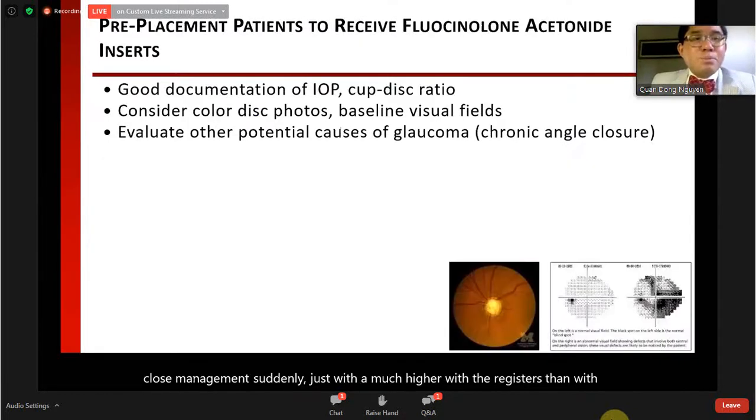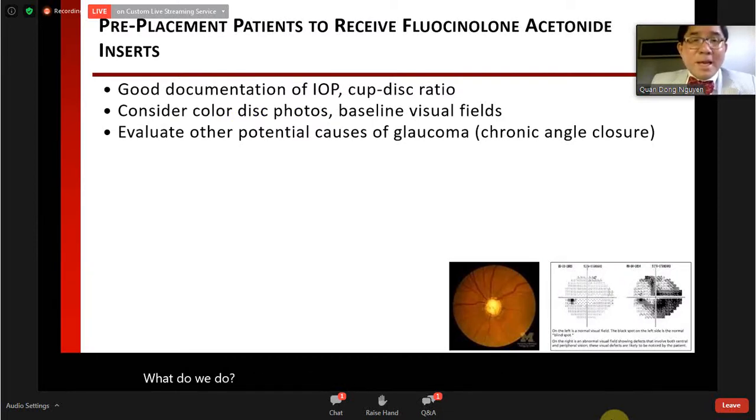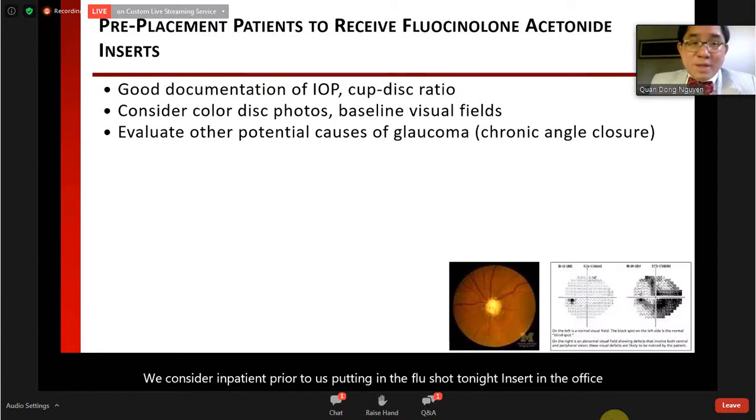What do we do, or what should we consider in patients prior to putting in the fluocinolone acetonide insert in the office? First of all, we should have good documentation of the intraocular pressure coupled to the cup to disc ratio. We should definitely obtain the color disc photo and possibly a baseline visual field as well.